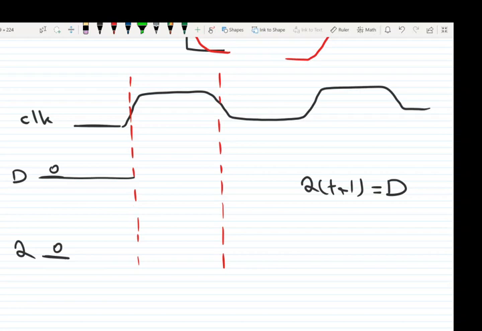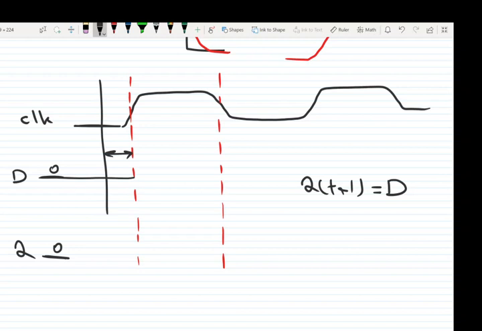Setup time is the minimum time that the D signal must be stable prior to the positive edge of the clock signal. Positive edge is for high active. If the flip-flop is low active, of course it's the falling edge.